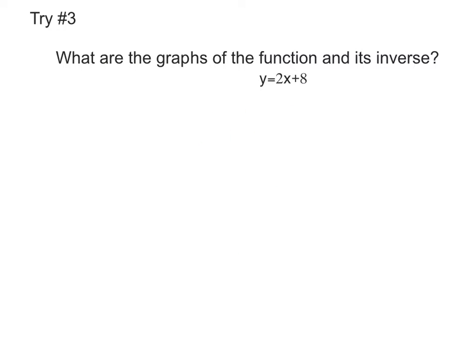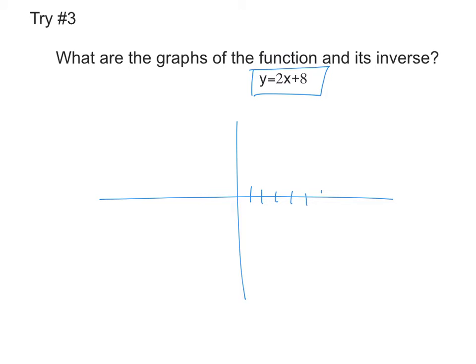It says, what are the graphs of the function and its inverse? Okay, first of all, this is the original. Y equals 2x plus 8. That's nothing but a linear equation. So let's graph that one. All right, we would start at positive 8.